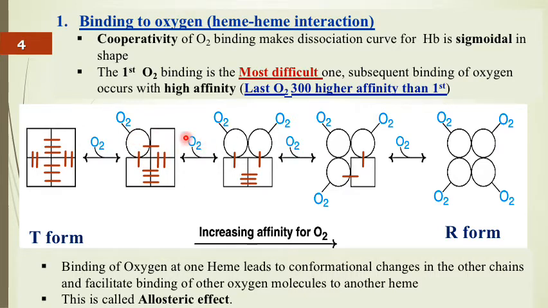When the second oxygen molecule enters, it faces only 75% of the chemical bonds, because we have a large number of chemical bonds. So for the second oxygen atom the difficulty will be less, and the second oxygen molecule will break another 25% of the chemical bonds.